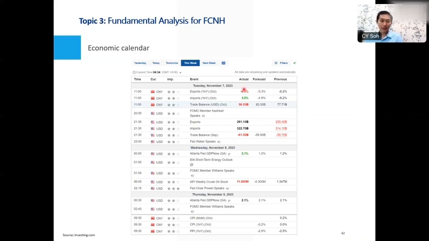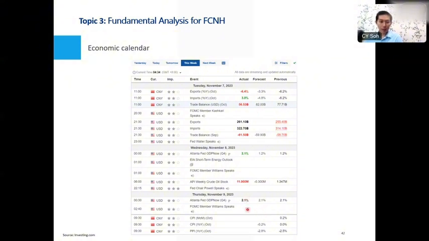Here you can see there is the actual figure, that is the actual real data. There is a forecast figure, which can be a forecast by economists or a consensus forecast, and the previous figure that will be published here. On the top part here you can see all three figures are already up there, which means the news has already been published.